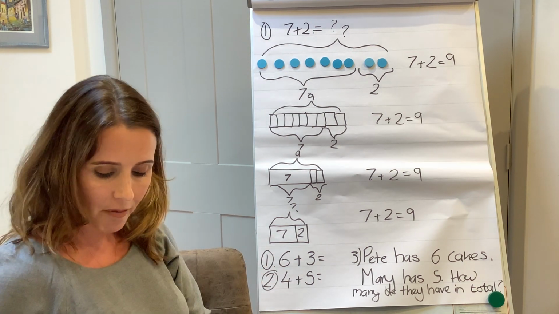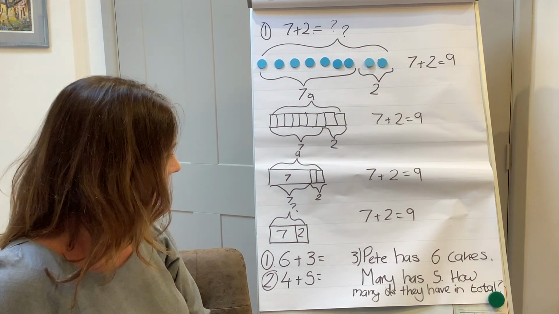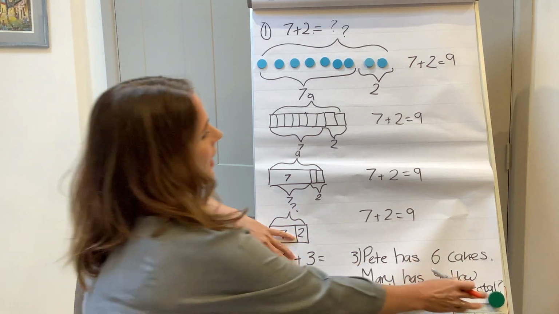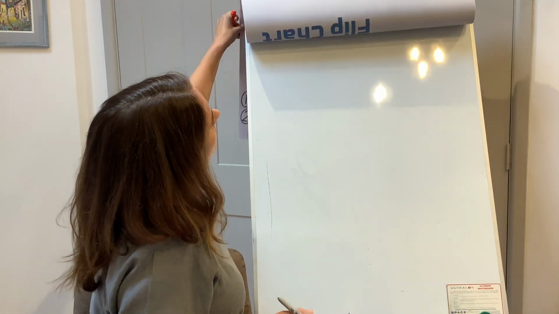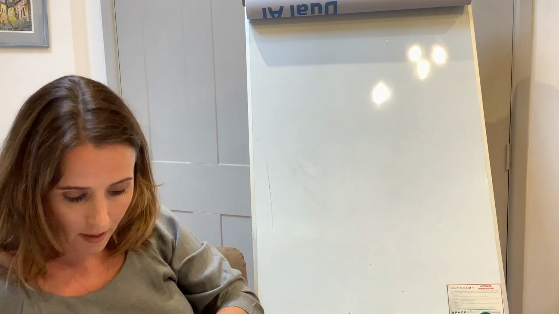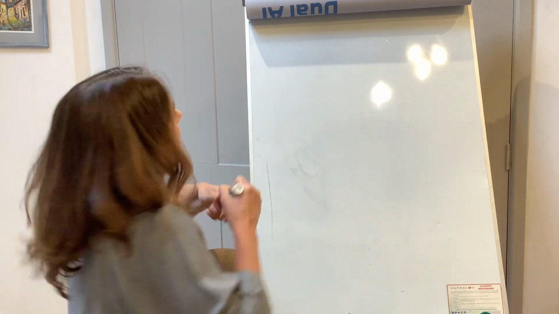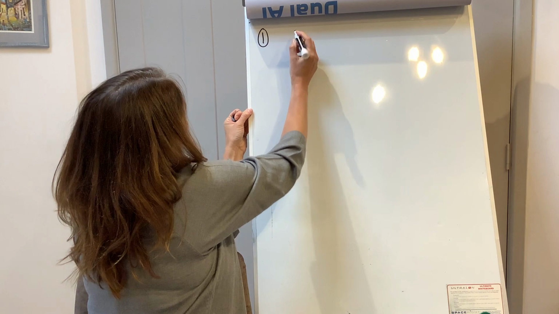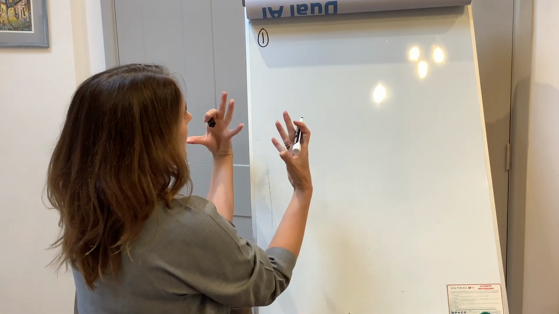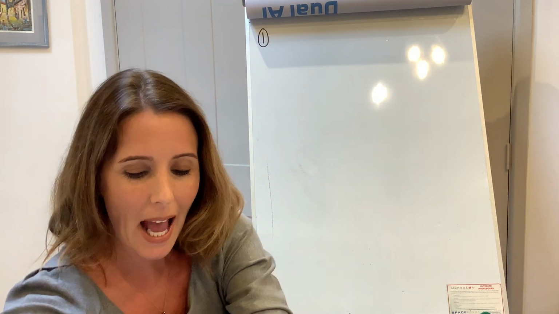So we've got 6 and 3, 4 and 5, and the 6 cakes and 5. So the first one was 6 add 3. I'm going to do the first one using counters.